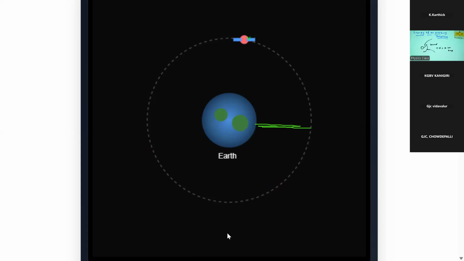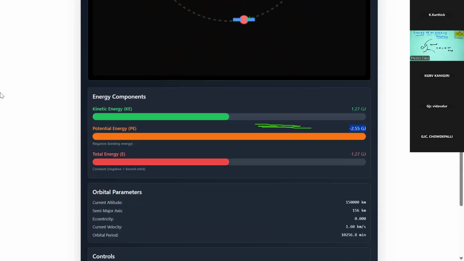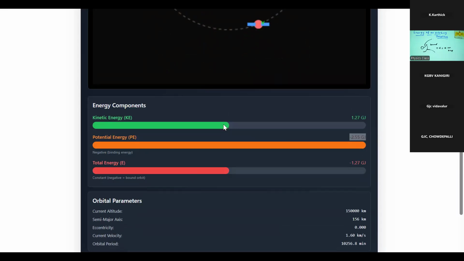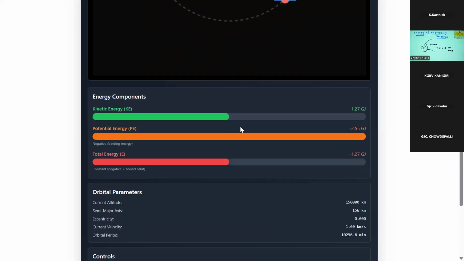So in a circular orbit, all three energies, that is kinetic energy, potential energy, and total energy, are constant. Kinetic energy is constant because the radius, that is distance, is constant and velocity is constant. You can see that. So total energy is the sum of the kinetic energy and the potential energy: 1.27 minus 2.55 gives minus 1.27.